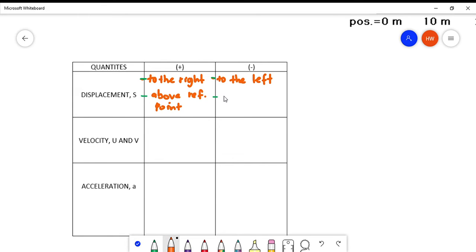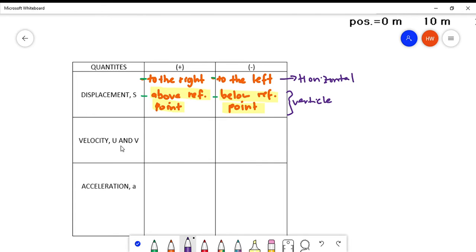Yang ni bila dia below reference point. Untuk point kedua ni saya akan jelaskan bila kita pergi kepada vertical. Yang saya highlight ni, yang ni dia adalah untuk vertical. So this one would be for horizontal.